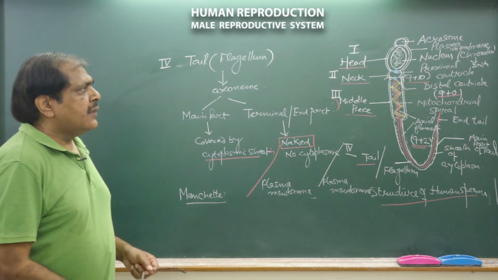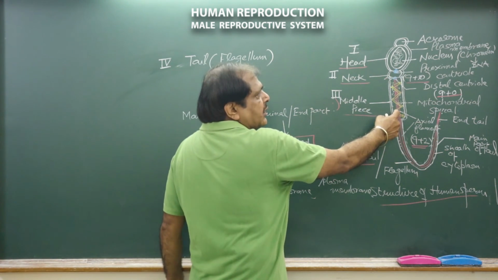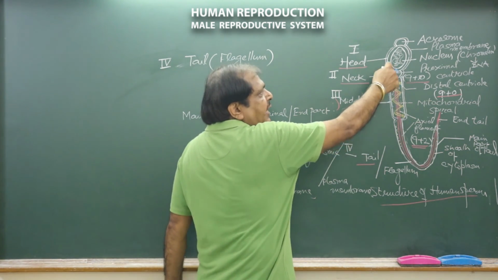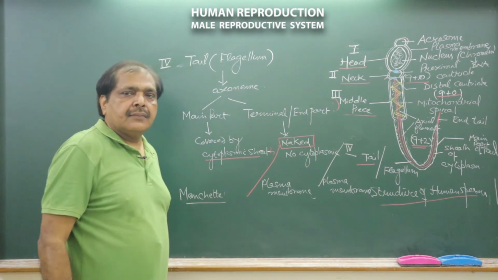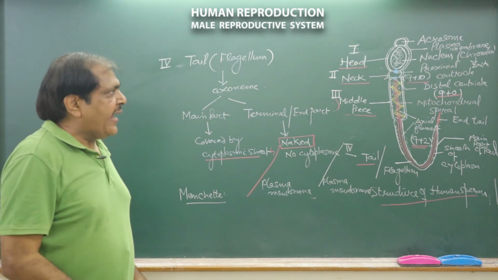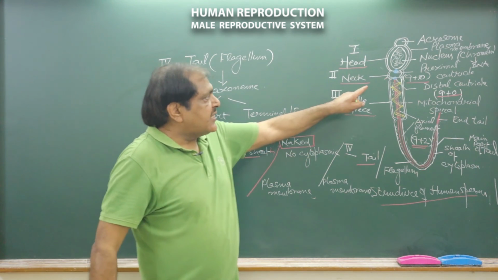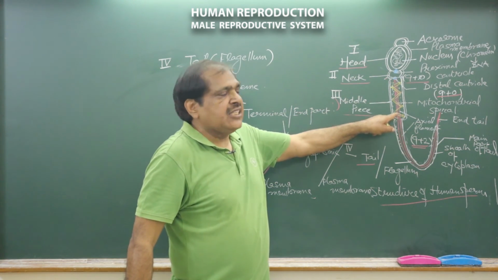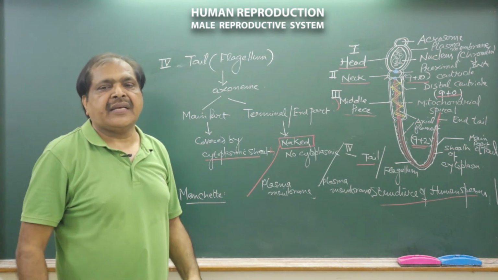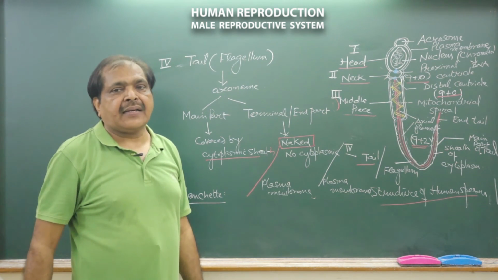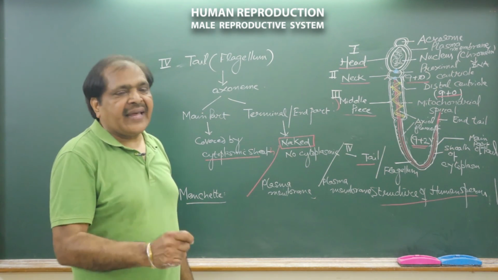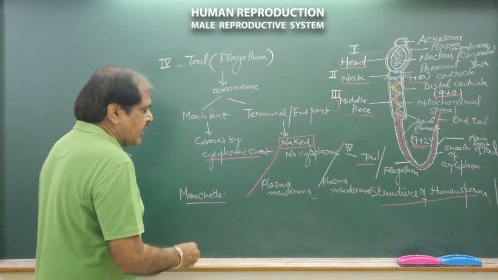Some books write that this cytoplasmic sheath is also present in the neck region and half of the head region. But I agree to this aspect that this cytoplasmic sheath is present around the mitochondrial spiral in the middle piece.